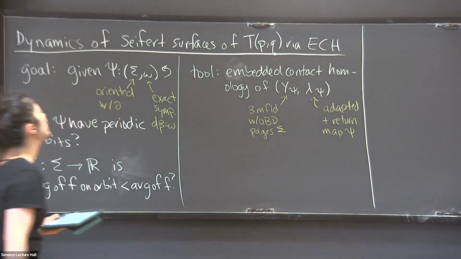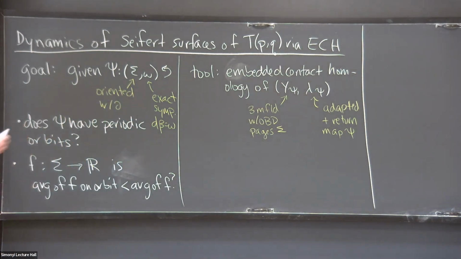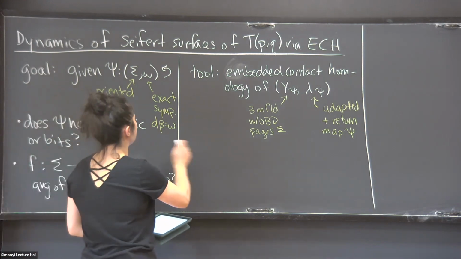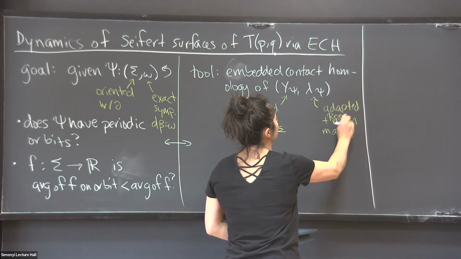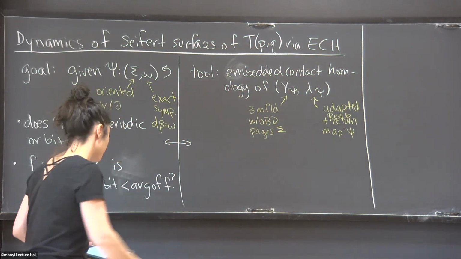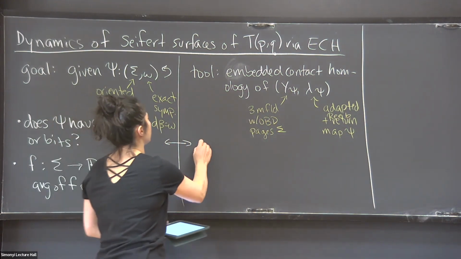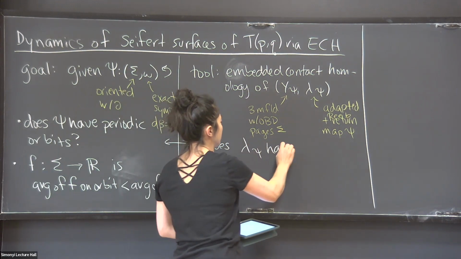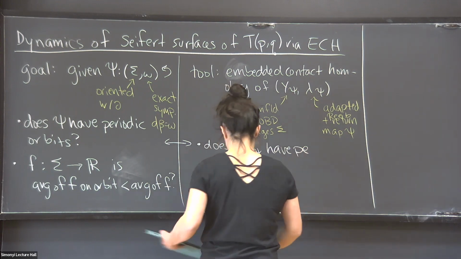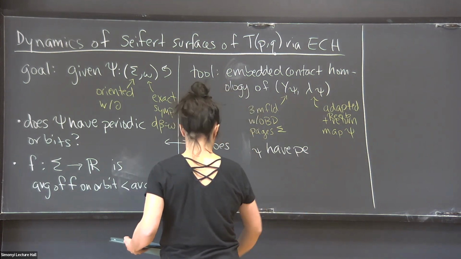So then the analogous question is, does this contact form have periodic orbits of the Reeb vector field of this contact form?